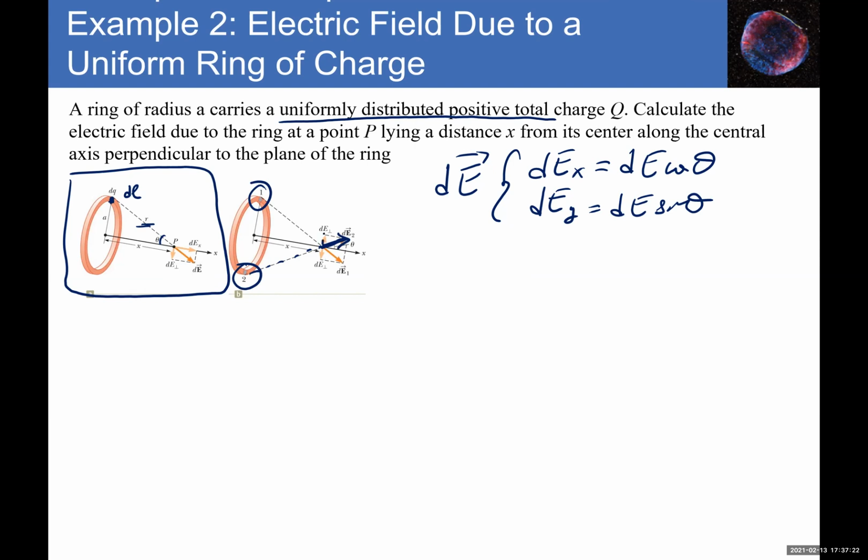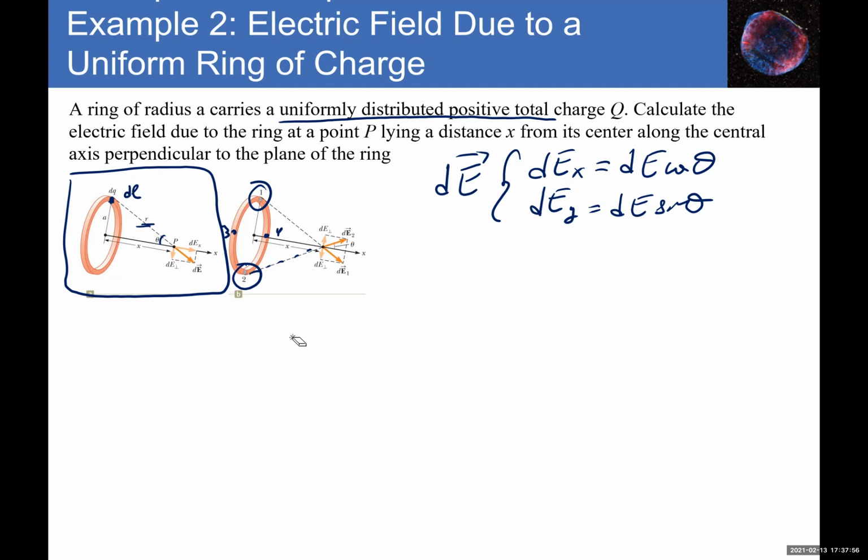If I break it down into x and y components, I have x and y components for each vector, and the perpendicular or y components of points 1 and 2 are going to be the same magnitude but opposite directions. Same magnitude, opposite directions, and that's going to be true for point 3 over here and point 4 over there. That means symmetry will allow me to eliminate that perpendicular or y component.